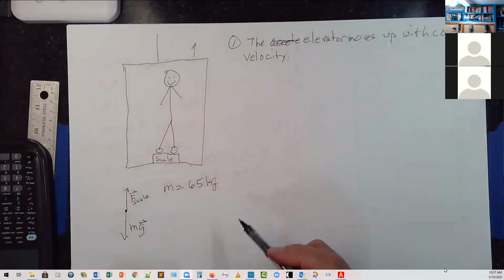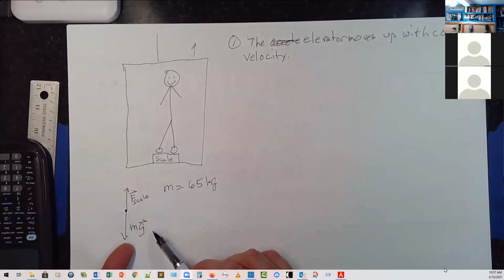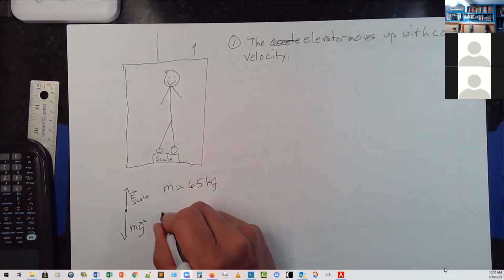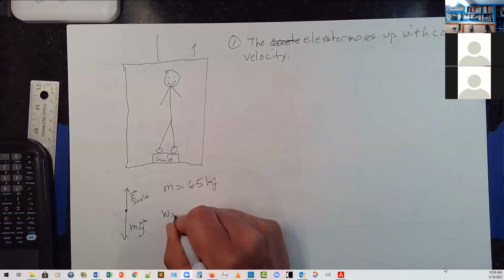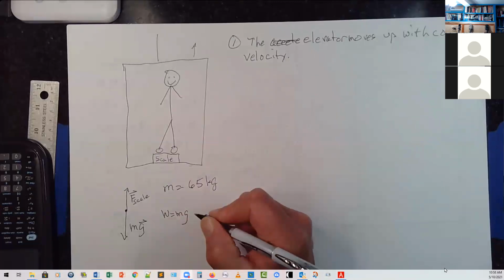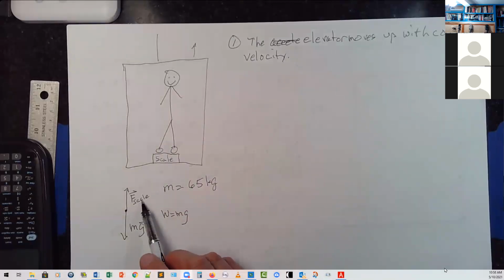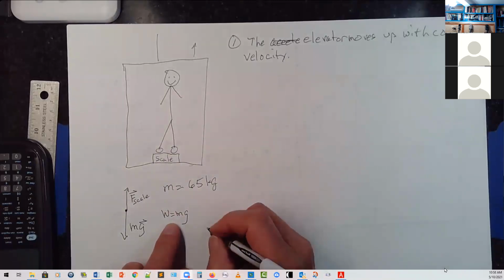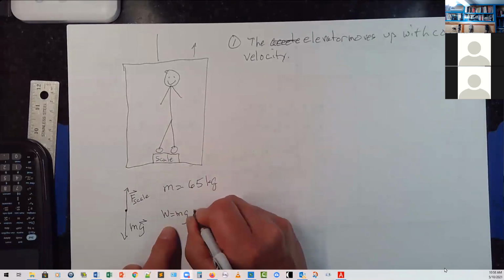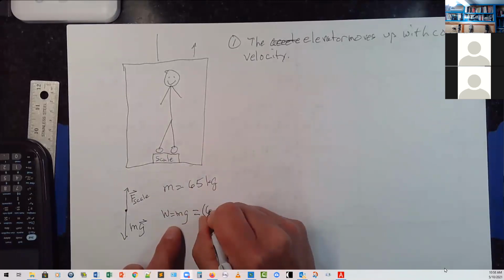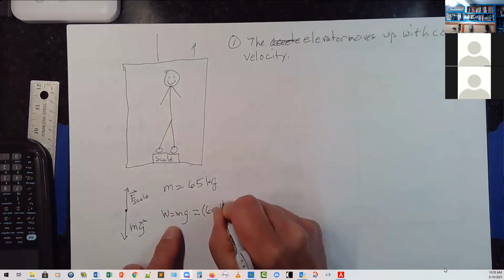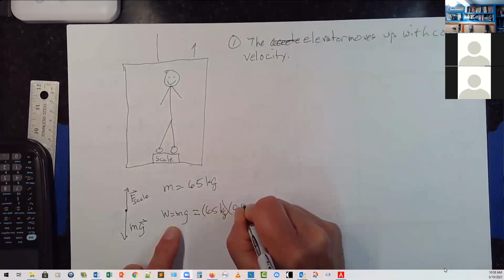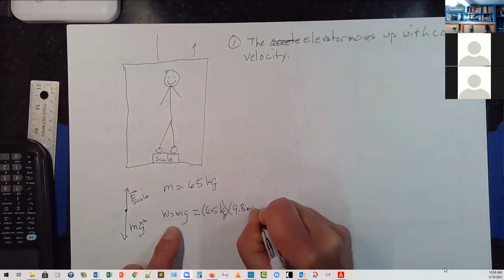Okay. Well, we can figure out what their weight is going to be on Earth. W equals mg. Now, it may not be what the scale reads, but if you weren't accelerating, this will be what your scale will read. It'll be what you perceive as your weight if you're standing on anything. And so 65 kilograms times, we'll just go 9.8 meters per second squared for this.